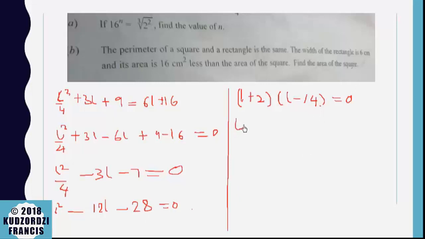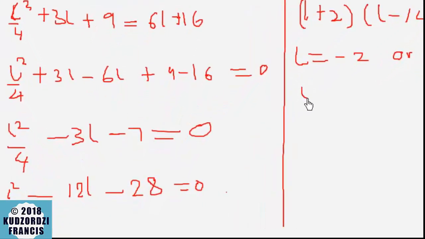So this implies that L is either equal to negative 2 or L is equal to 14. But we know L is a length, so it is going to be a positive value, which is 14, because length can never be negative. So the answer is 14, and that is the length of the rectangle.